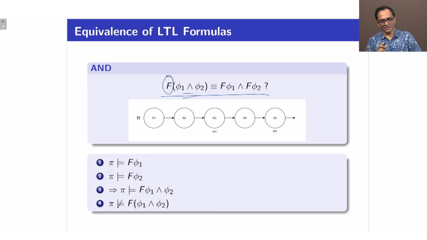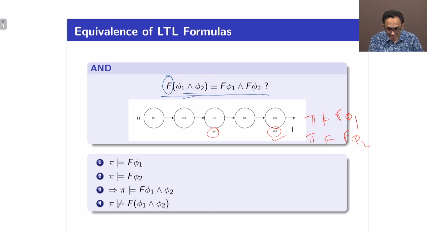If you think about a path like this, pi, and you have some state where phi 1 holds and some other state where phi 2 holds, right? Then in this path I can say pi satisfies F of phi 1, because in some future state phi 1 holds. Similarly, pi satisfies F of phi 2, because in some future state phi 2 holds.